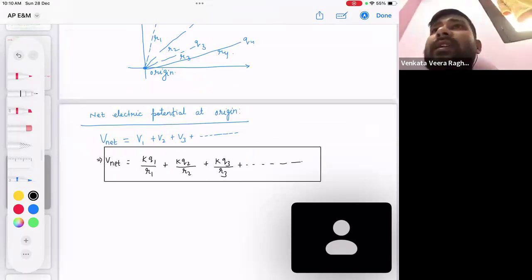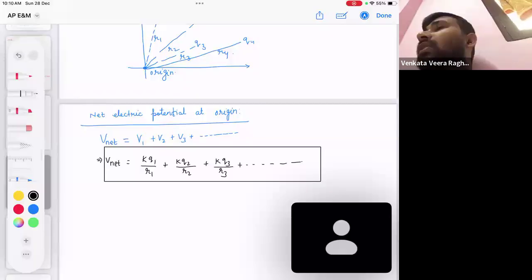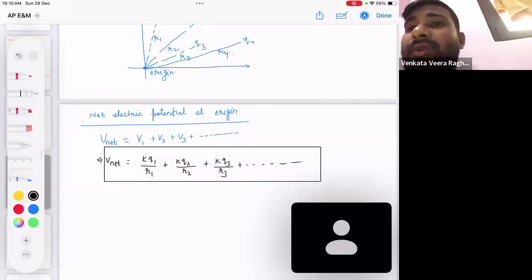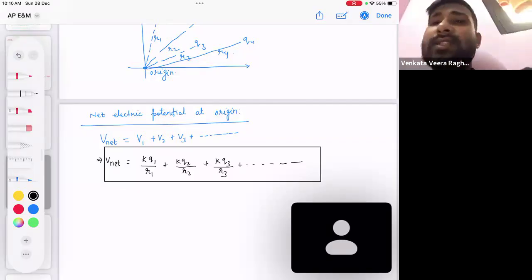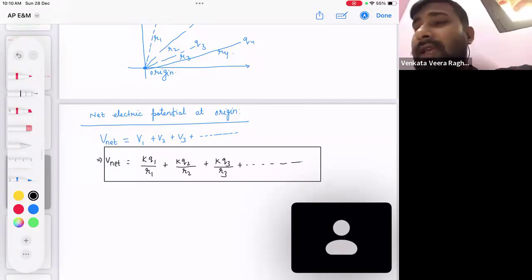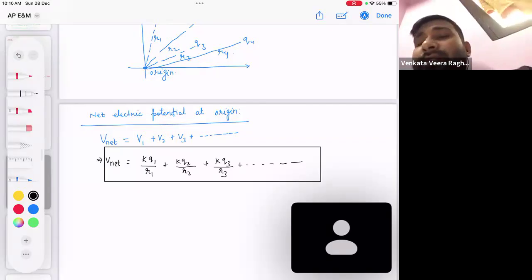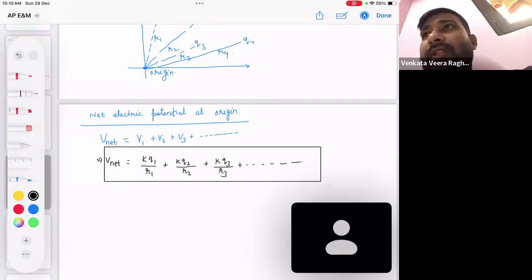So at any point, if you want to calculate the net potential, you can calculate the potential due to all the charges and then just add them. That will give you the total or net potential. Potential can be positive or negative, but it is not a vector quantity. Potential does not have any direction.